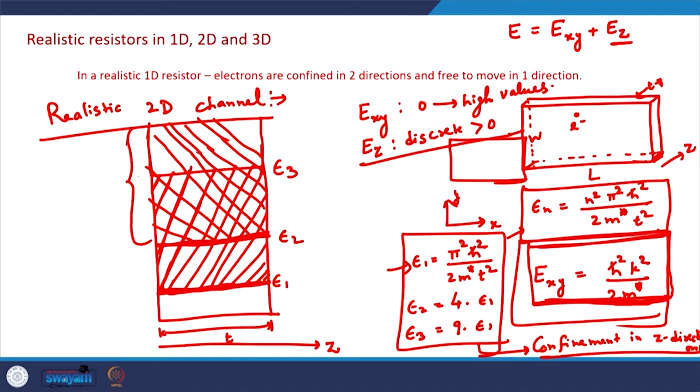Similarly, the electrons sitting in state epsilon 2 can also have energies in this regime. Electrons sitting in state epsilon 3 can have any energy above epsilon 3. So, they can have any energy here, or electrons sitting in epsilon 1 can have any total energy to be this.